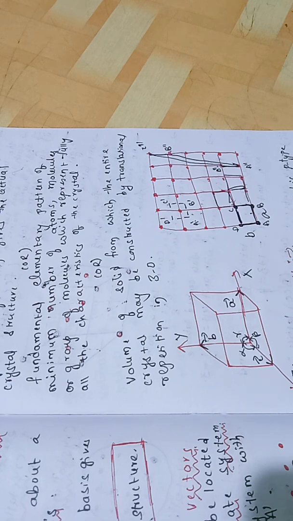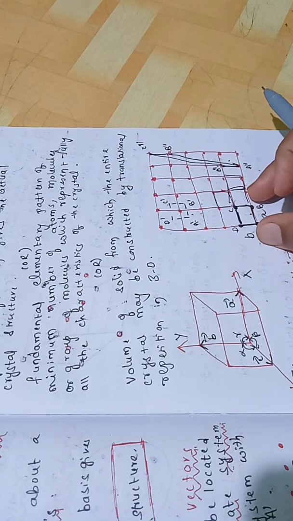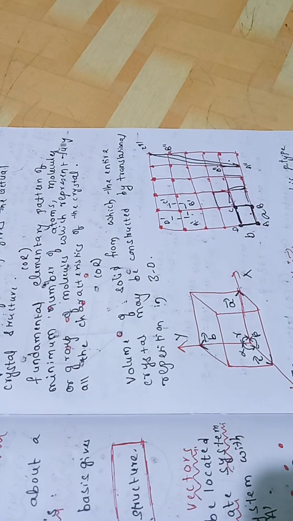It can be constructed in any way. One small unit we take, and we go on repeating it. So how can we define the unit cell?